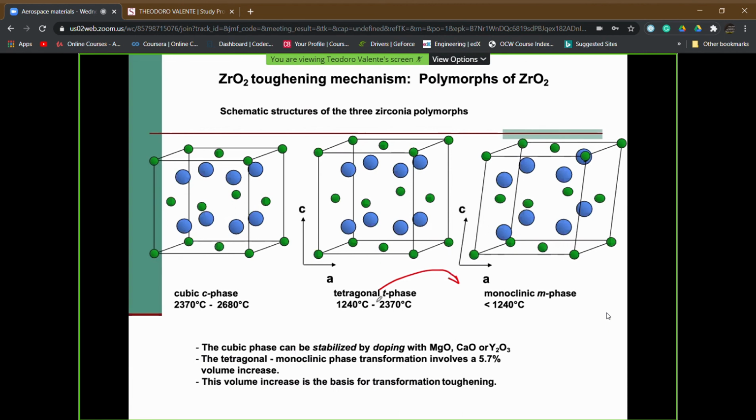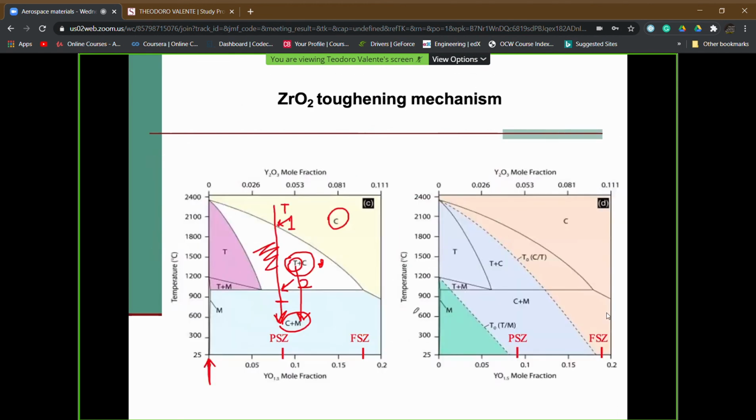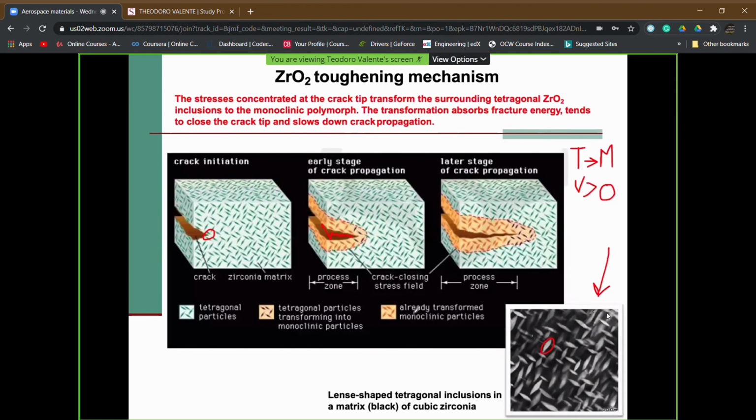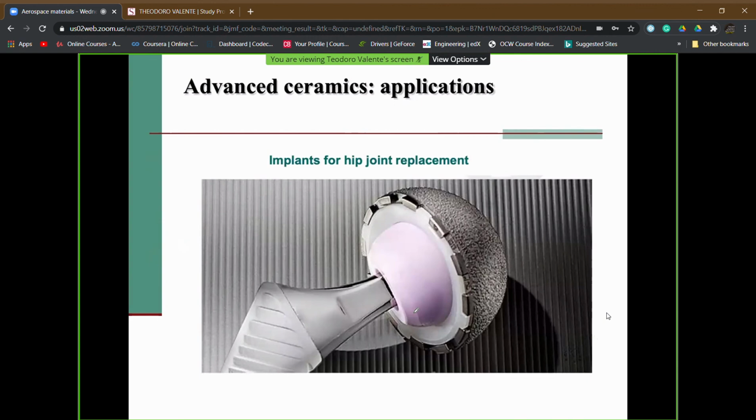If we do not use yttrium oxide, we will have a massive tetragonal metastable phase, and when the stress-induced transformation from tetragonal to monoclinic is activated, it will affect a large volume of the material itself, thus fracturing the thermal barrier coatings.